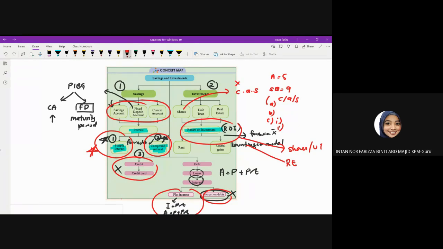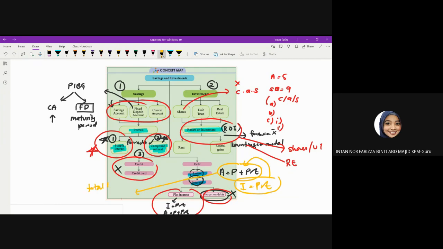Next, we're going to look at how to calculate the loan repayment, or total loan. The first formula is I equals PRT, and this is actually part of the formula for A. When to use A, girls? When you see the keyword apa?